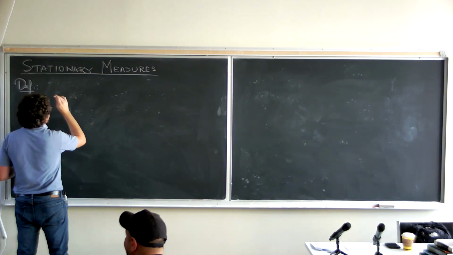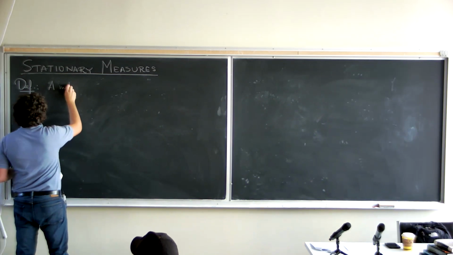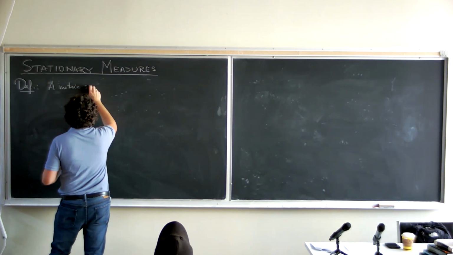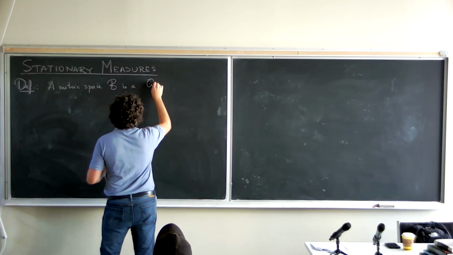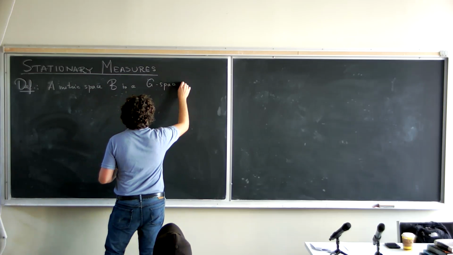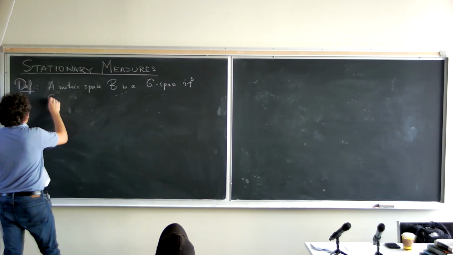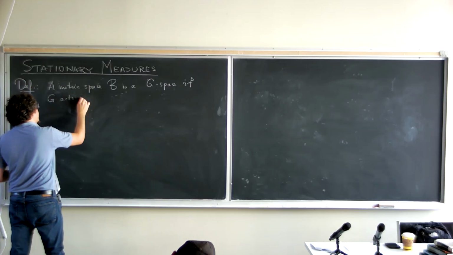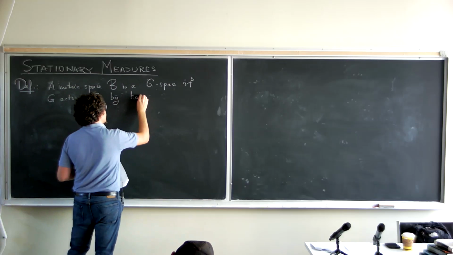Okay, so again, we always have G a group. A metric space B is a G-space if G acts on B by homeomorphisms.